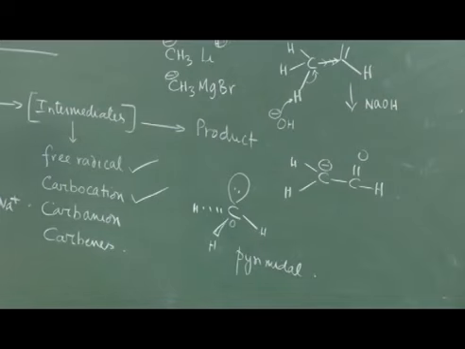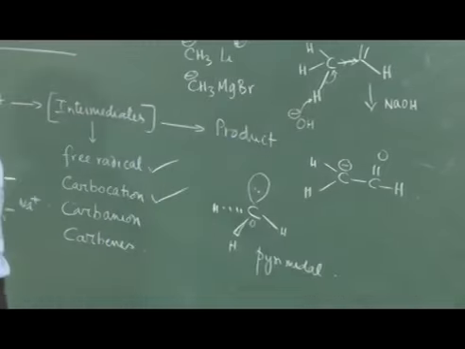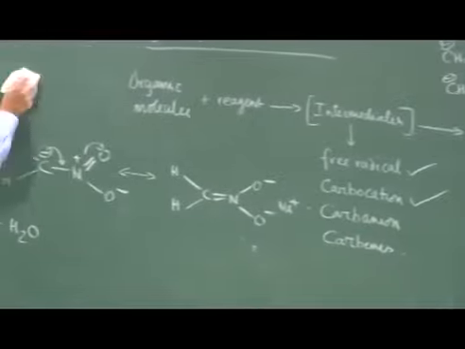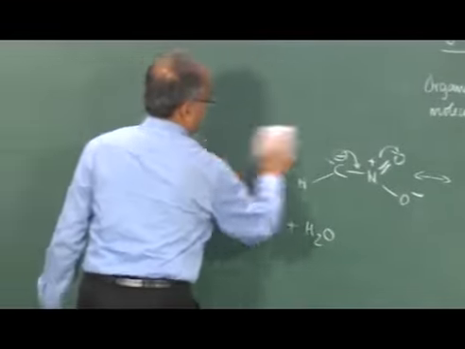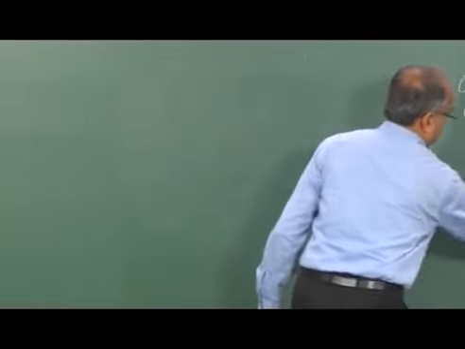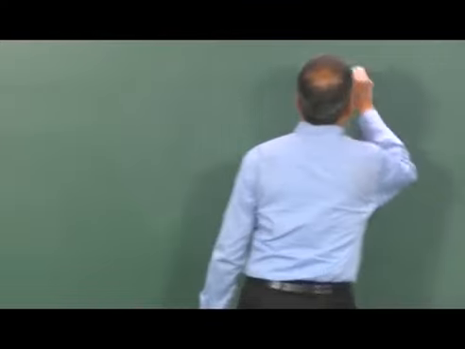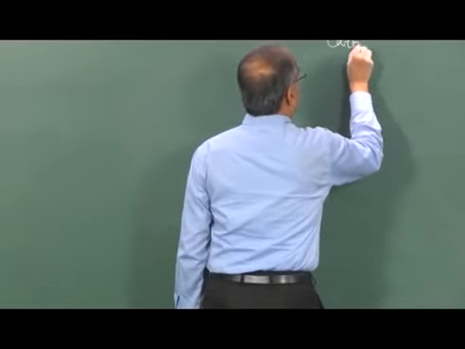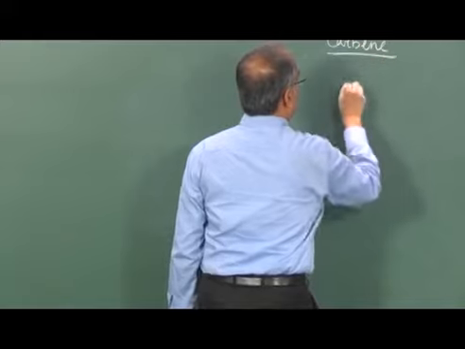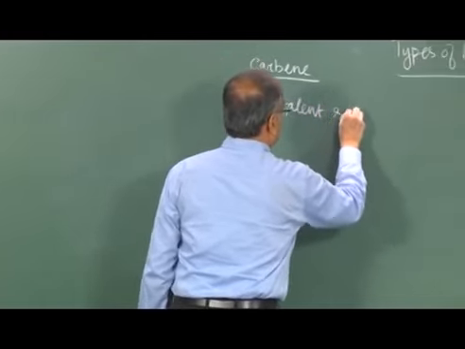Finally, let us look at how carbenes are generated. Carbenes are typically generated by a reaction known as alpha elimination reaction. A carbene is a divalent carbon, a divalent sextet carbon.